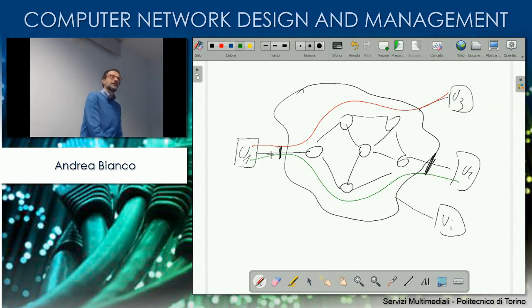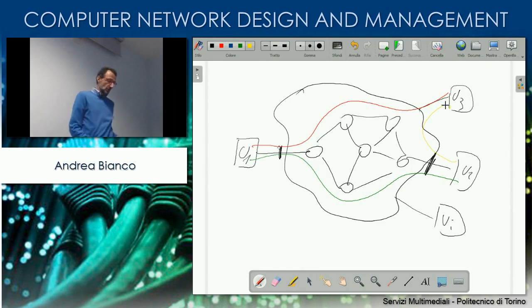And you will, of course, set up all of these intermediate nodes in order to ensure that the green flows follow this path, and the blue and the red one follow the other one, okay? And whenever user 3 is getting data with the red label, he knows that this data has been generated by user 1, okay? He may in parallel receive other data, for example, from user 2 on a different label. Clear? That's the picture.